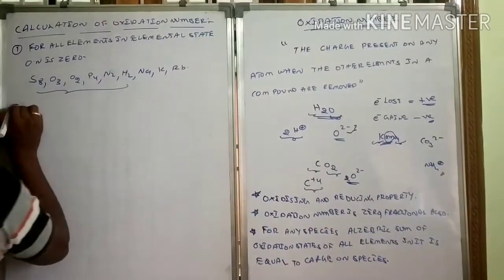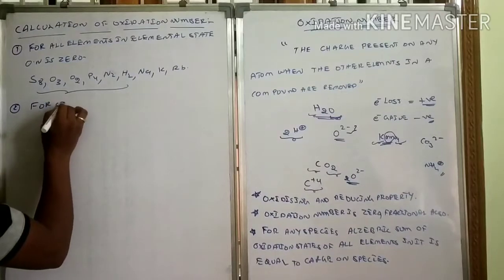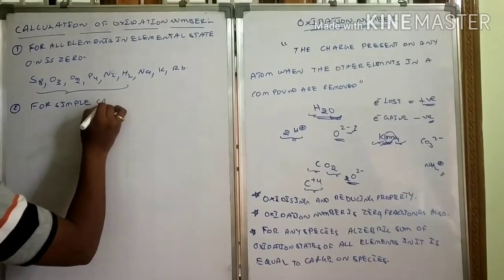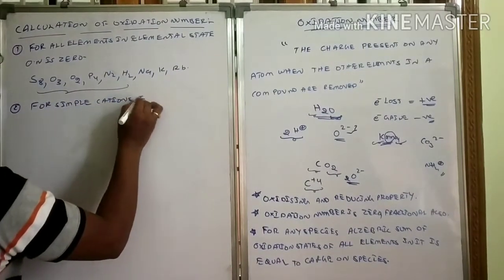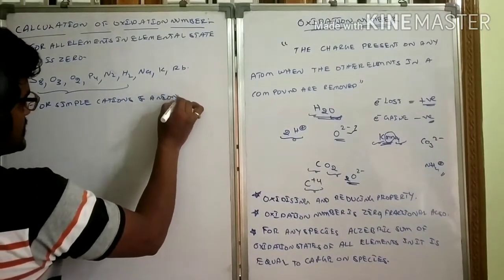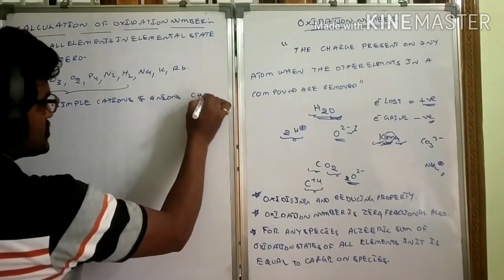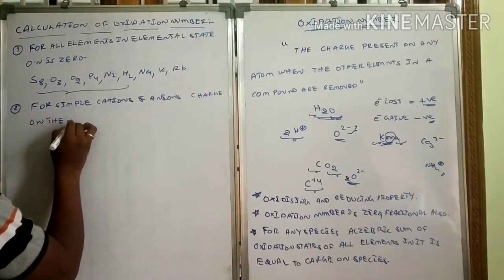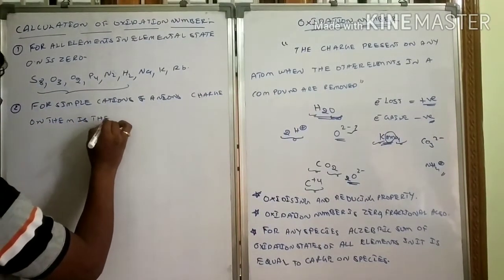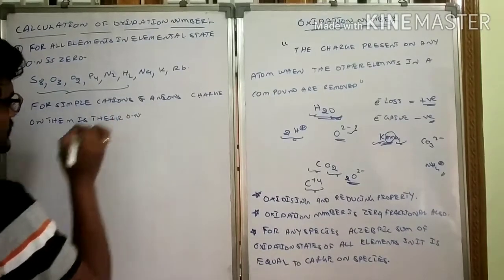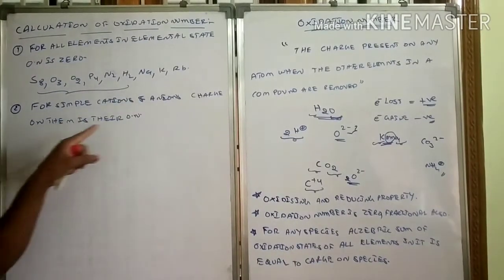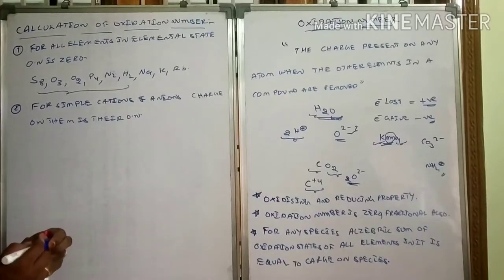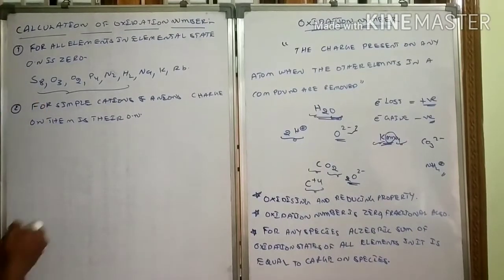Next, for simple cations and anions, the charge on them is their oxidation state. Sir, how is it possible?